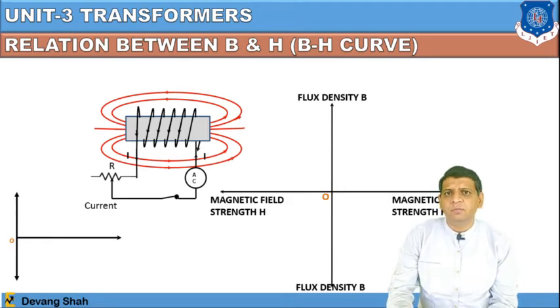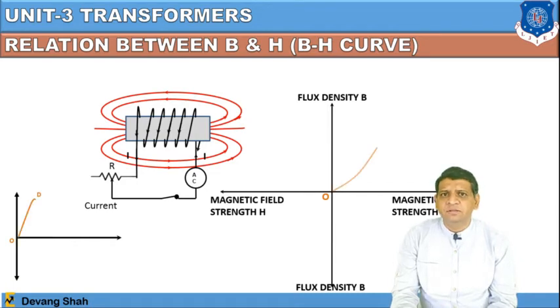Once the value of current becomes maximum, that means at the particular point D the field intensity is maximum. So you are increasing your signal from 0 to the maximum value of the current level, and you can see there is an increase in flux density B, right?